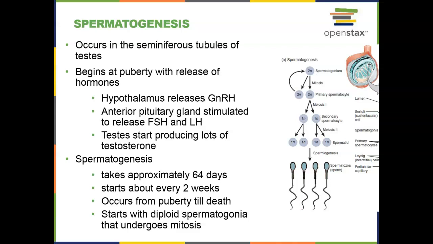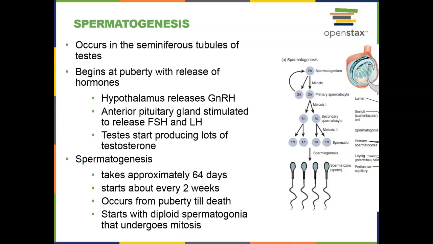So normal spermatogenesis takes approximately 2 months to occur, starting with that spermatogonium and ending with sperm. So males are constantly undergoing spermatogenesis. The start times will differ.